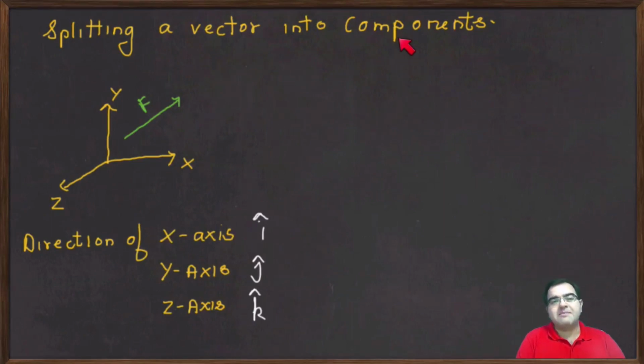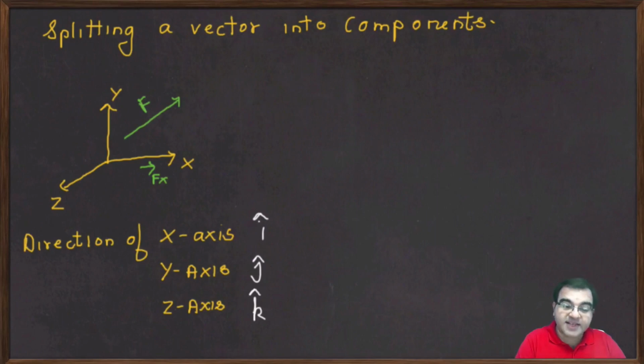If this force is 100 newton, how many newtons of the force are going to be along the x-axis, along the y-axis, and along the z-axis? So you are splitting the force into parts. That is called splitting the vector into components.